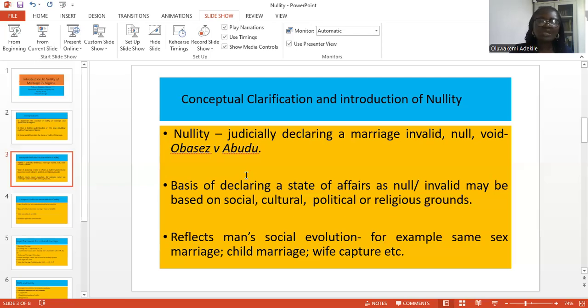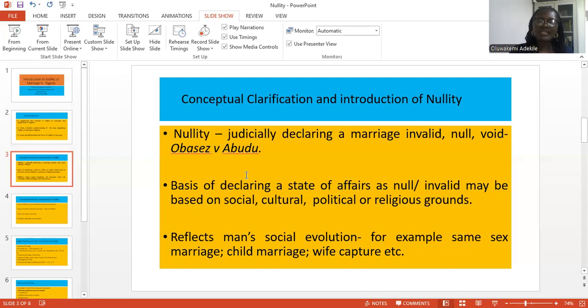You have situations where women could be captured and married off without their consent in some African societies. But today, consent is required for a valid marriage in a lot of jurisdictions. So the laws of nullity reflect, like many aspects of family law, the social evolution of man, the changing nature of society.